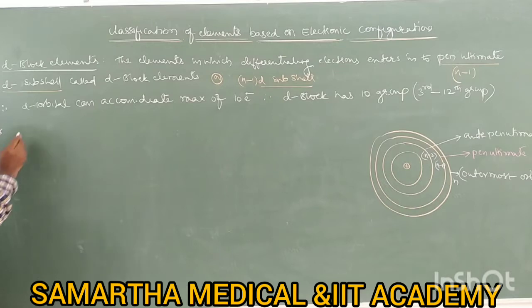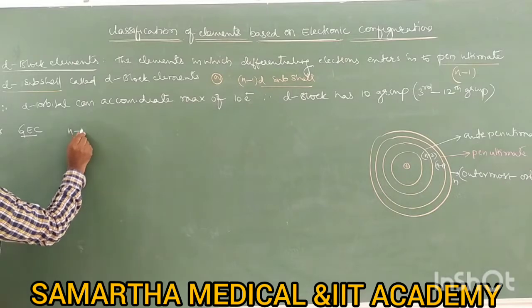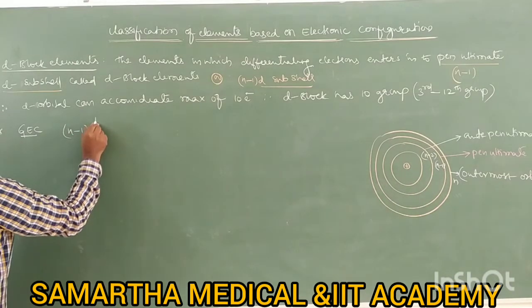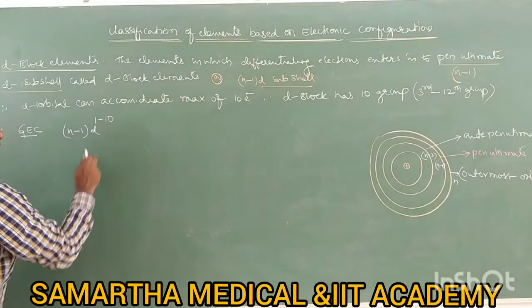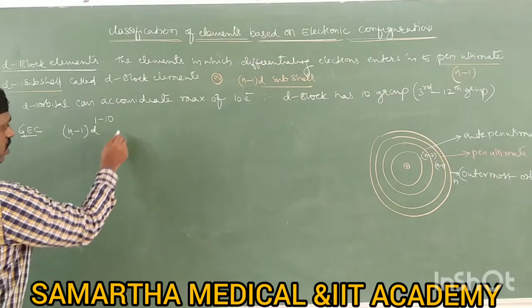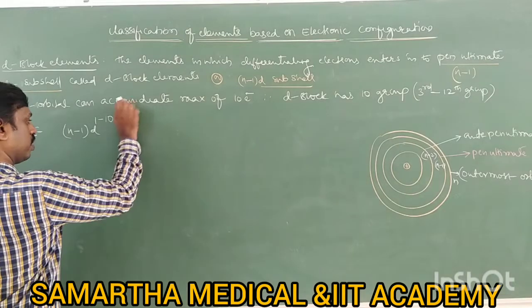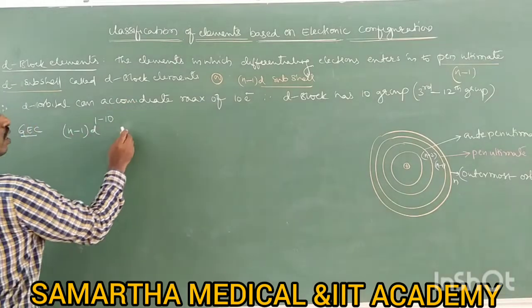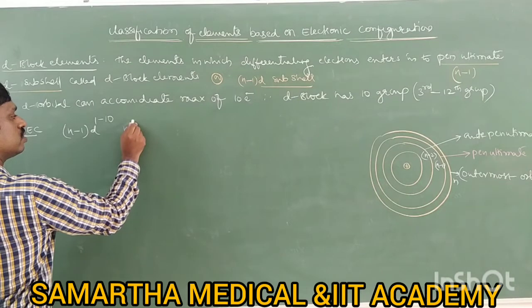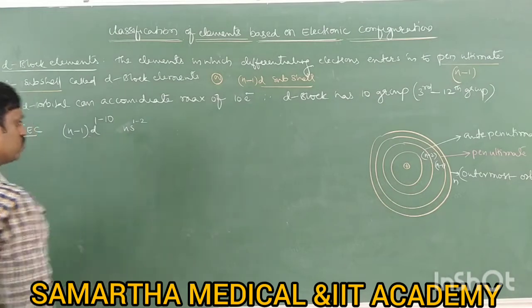It is also important. General electronic configuration of d block element is n minus 1 d, 1 to 10. There may be 1 electron, 2, 3, 4, 5, 6, 7, 8, 9, 10. Then ns, it may be 1 to 2.